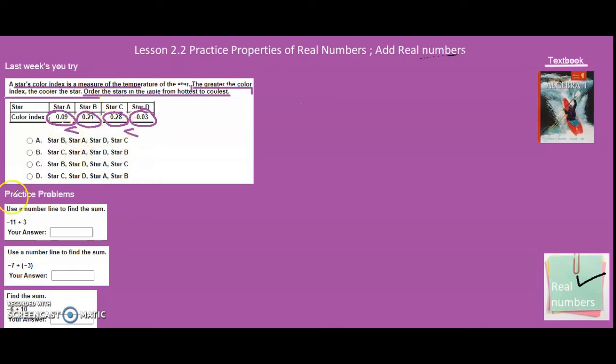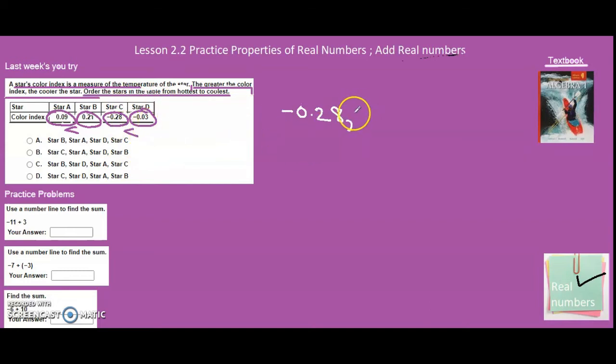As you can tell in this number order, negative 0.28 is the least number from all of these, and we can indicate this as the hottest star. So let's put this at the beginning of the color order. Negative 0.28, comma, and then we have another negative number, negative 0.03.